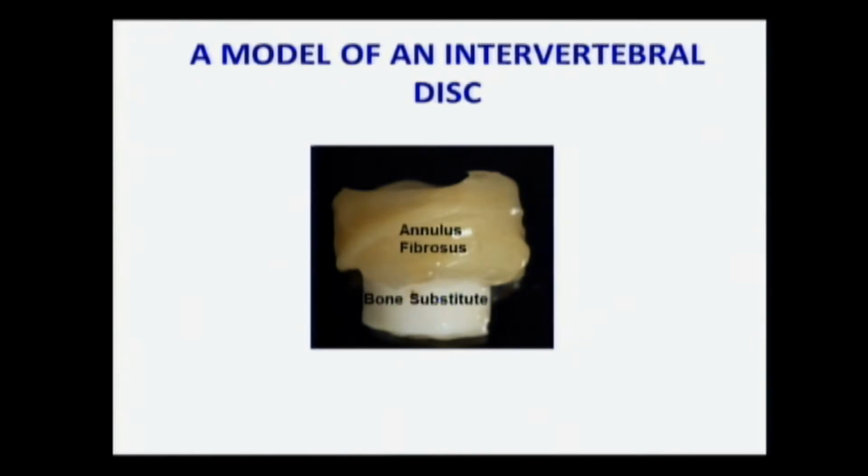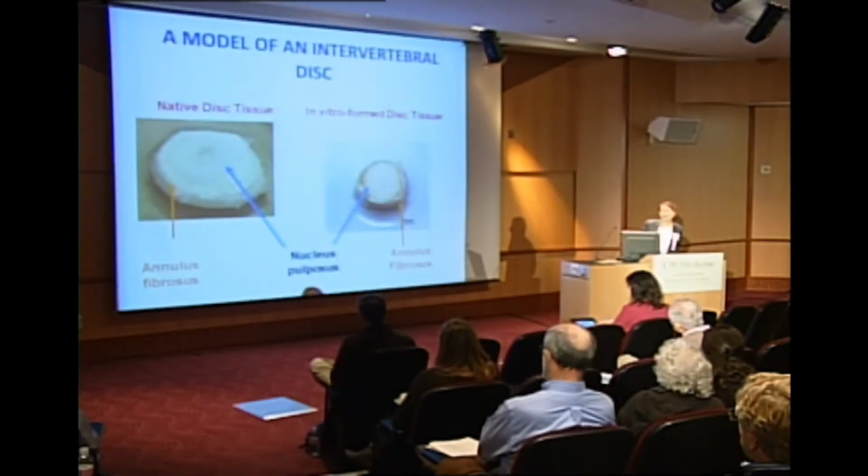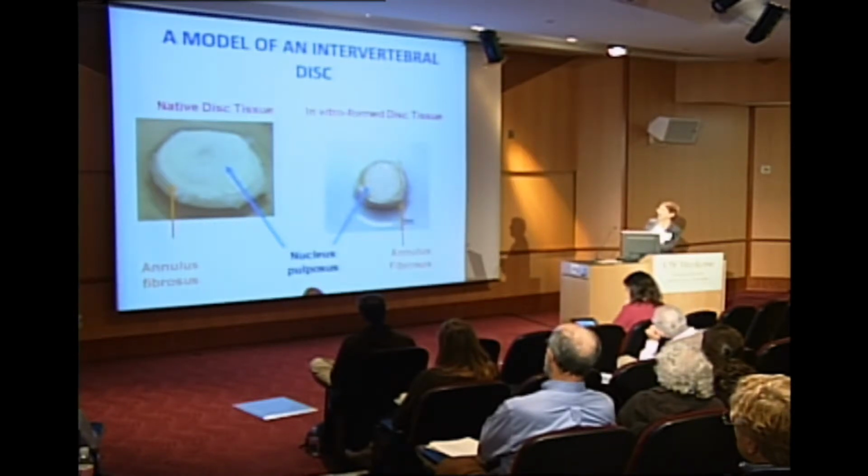And here you can see it from the lateral aspect. You can see the annulus is adherent to the bone substitute material. And when you look at it from the top down, what you can see is the nucleus tissue surrounded by the layers of the annulus fibrosus.